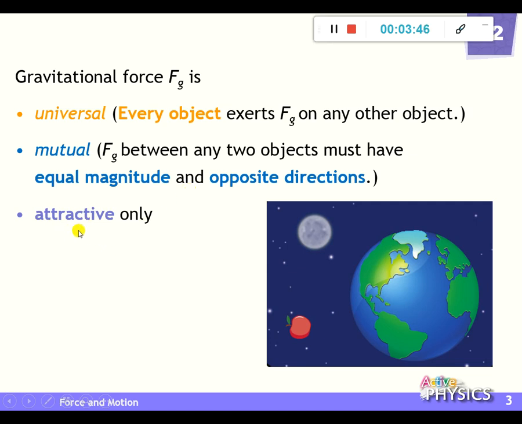But this one is a special one, attractive only. It means that I can attract you, you can attract me, but I cannot produce any force to repel you, because gravitational force must be attractive force.